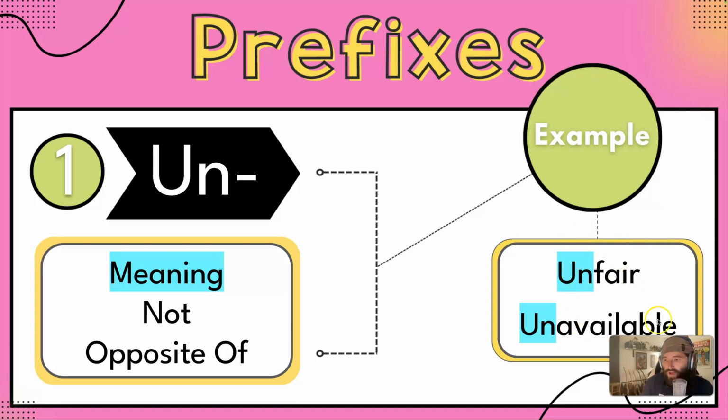You had the word available, but you added un to the beginning of it. And so now it means not available, or the opposite of available. And so what we want to start doing with morphology is, whenever we see this prefix un attached to a word, we should think in our brains, okay, it's the opposite of whatever this is, okay? So just keep that in mind.